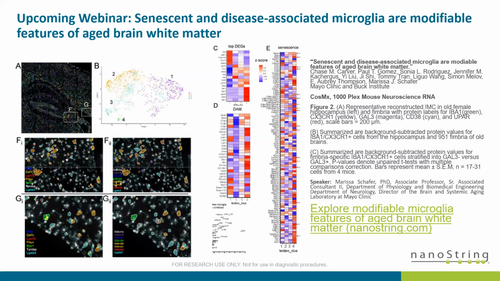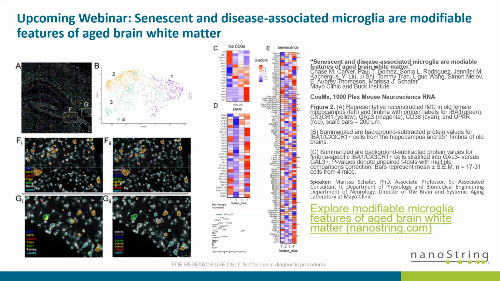We do have an upcoming webinar that is happening tomorrow. Of course, there's the ability of being able to replay this on demand, but it's a publication that's coming out that resulted from the Mayo Institute as well as the Buck Institute that's specific to senescence.